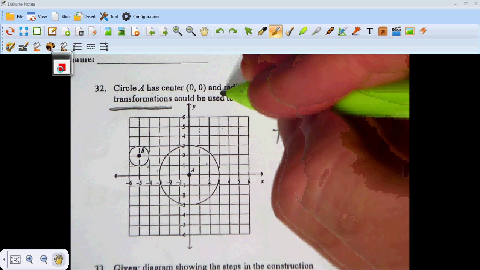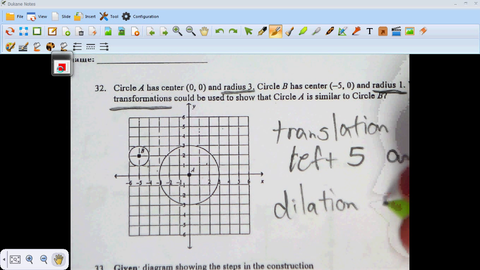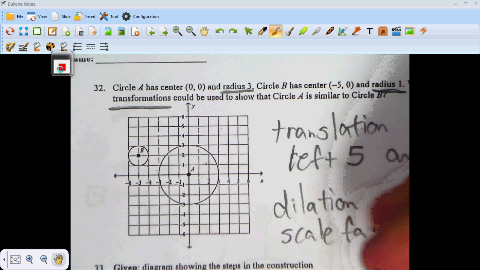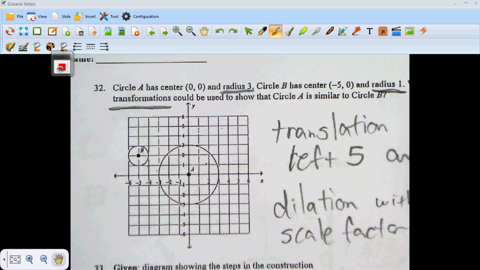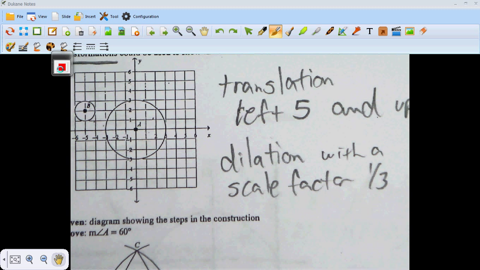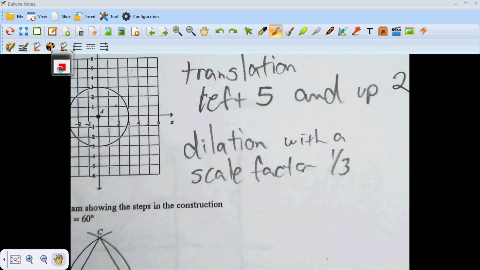The radius of A is 3. So this has a dilation with a scale factor of 1/3. So my translation: left 5, up 2, dilation with a scale factor of 1/3.